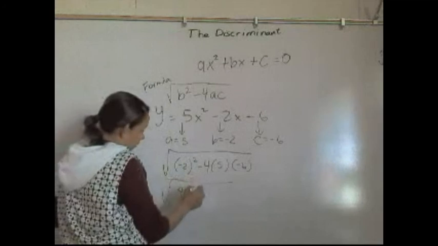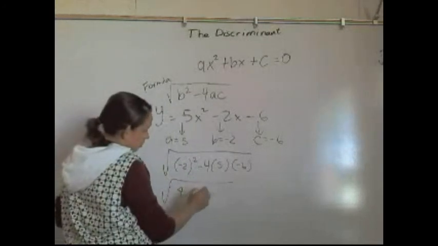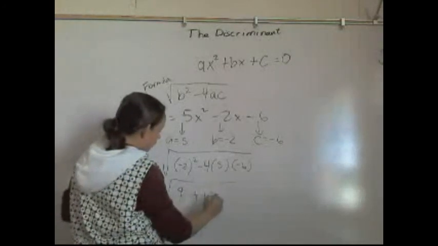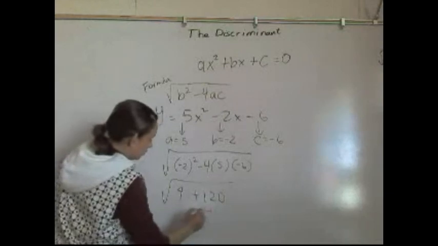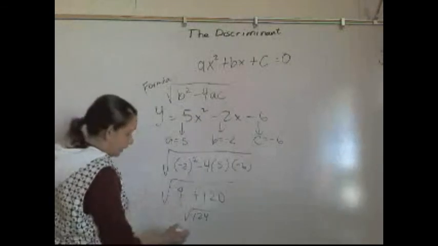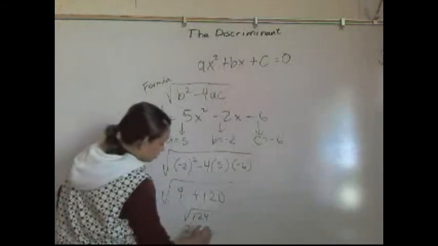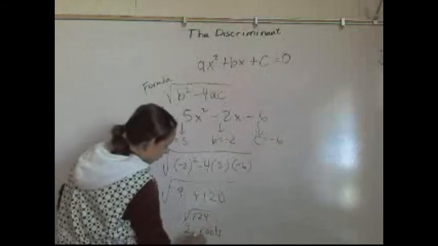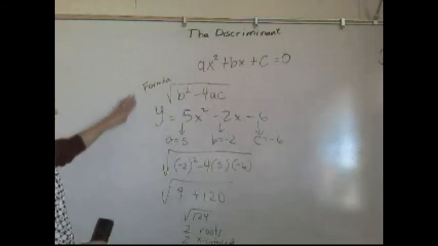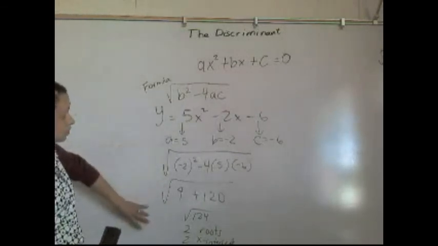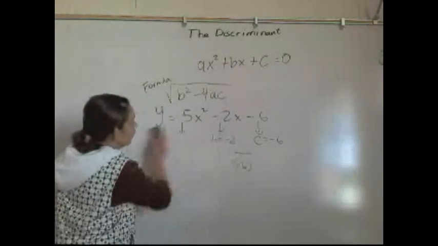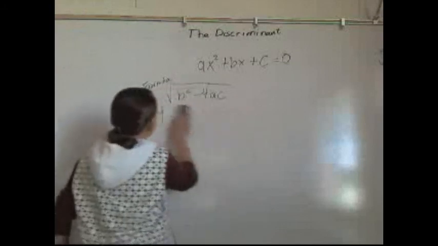Put the negative 4 and negative 20 times negative 6 will be a positive 120. So we got 4 plus 120, which gives you 124. Now for the square root of 124, you could have a positive or a negative. So this will give you two roots or two x-intercepts. So this is an example of a quadratic equation that has two roots or two x-intercepts.